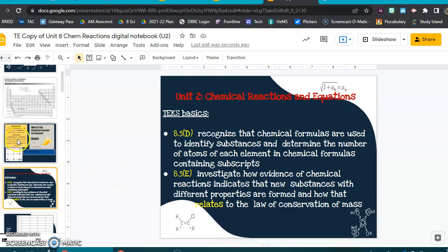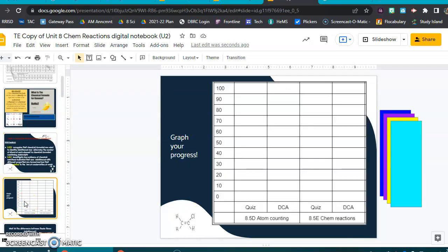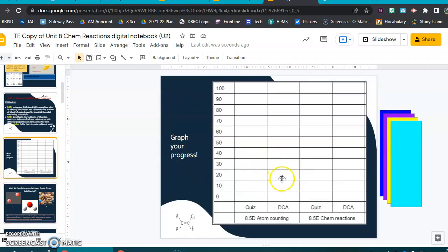So those are the little letters that hang down low. Investigate how evidence of chemical reactions indicate that new substances with different properties are formed and how that relates to the law of conservation of mass. Slide 5 is our graphing of your quizzes and your DCA so you can always see your progress.